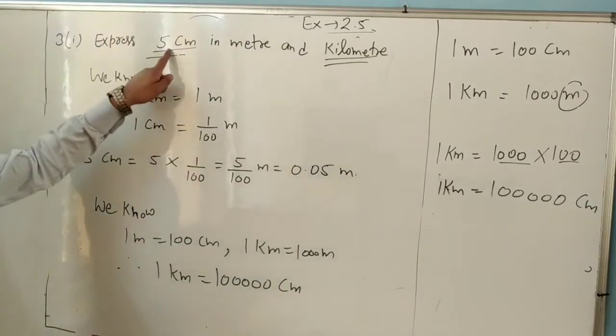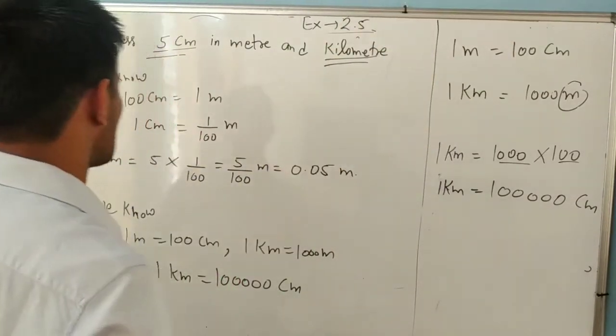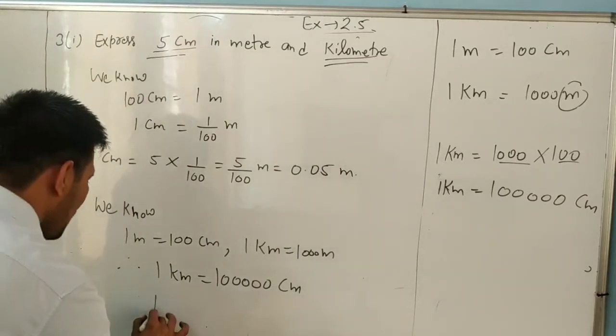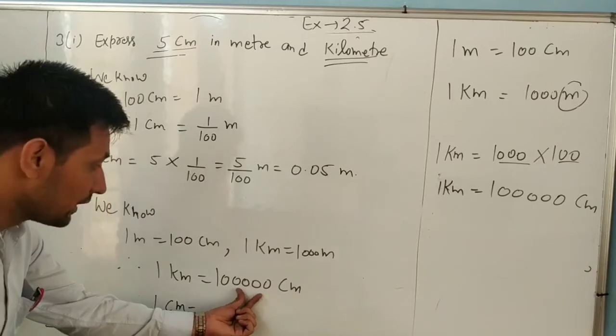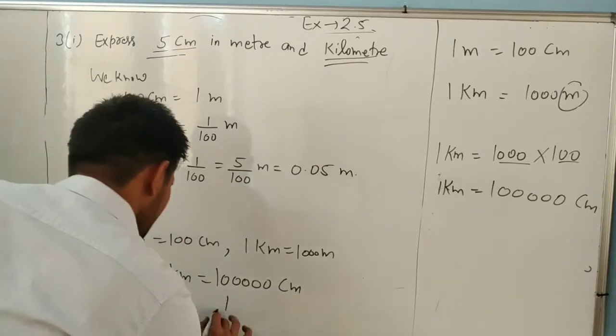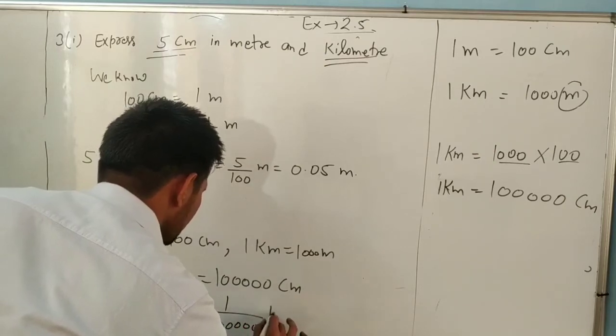But we want to change 5 centimeter in kilometer. So we will find 1 centimeter. 1 centimeter, so this one, 1 lakh comes to the other side, divide by 1, 2, 3, 4, 5 kilometer.